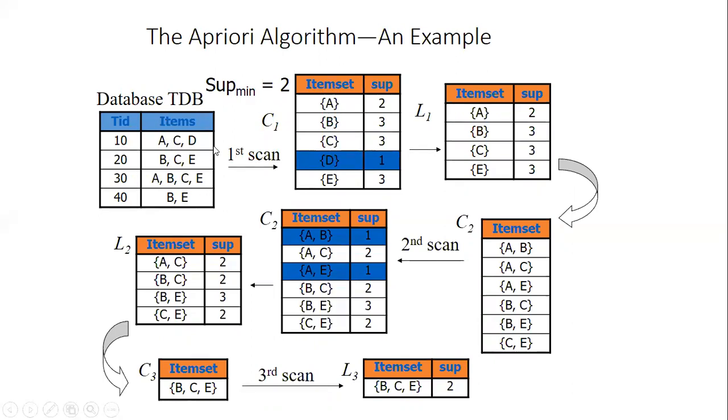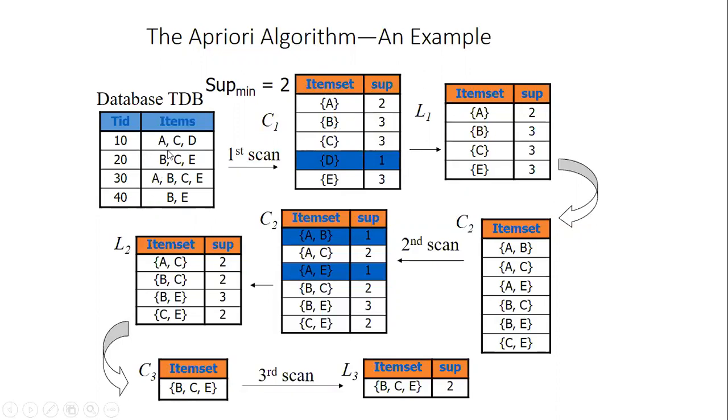What do you mean by support? It is very simple. It is nothing but the support count. Actually, I told you two things in the last class: support count and support. Support count is the number of occurrences of that particular item in the database. So how many times is A occurring? 1, 2.